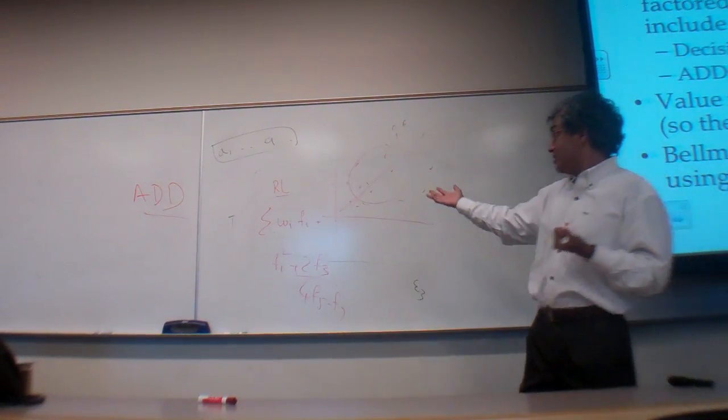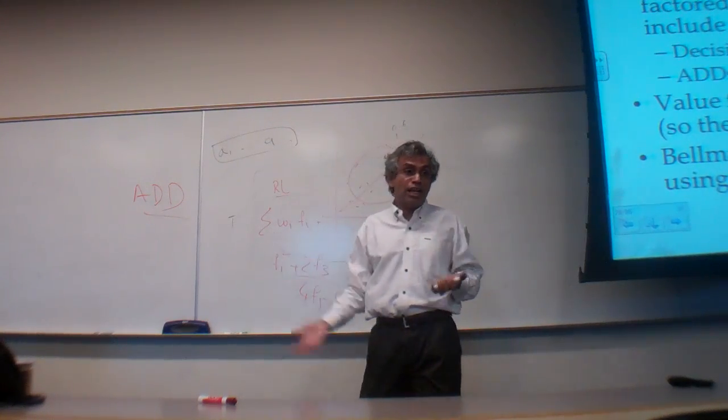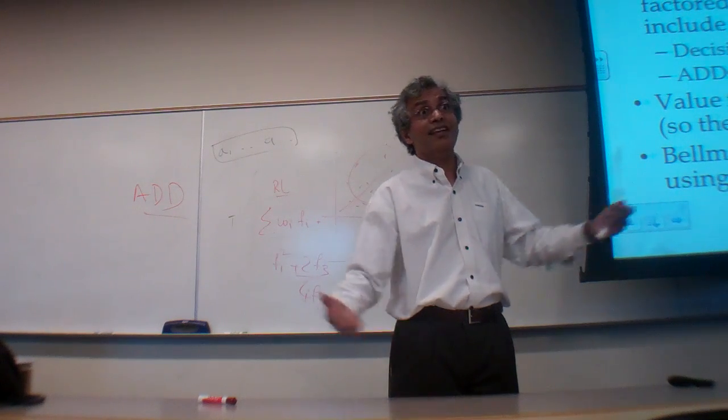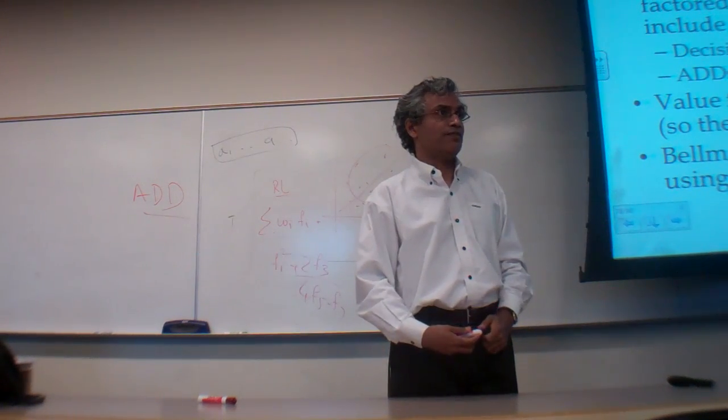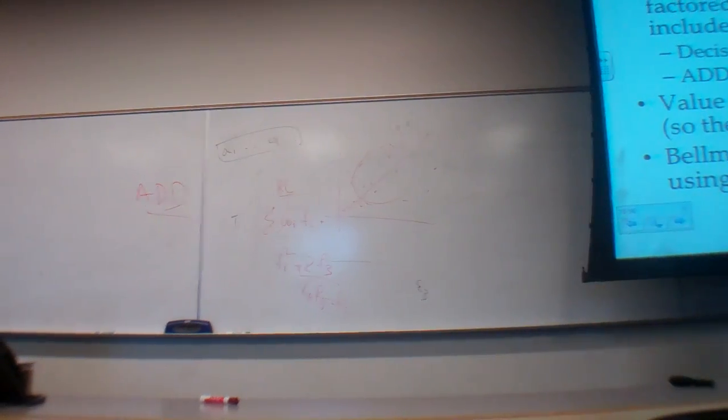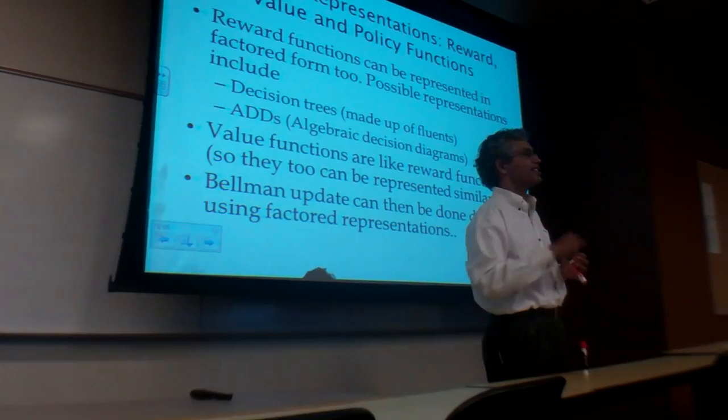If on the other hand you consider second order polynomials, then you will actually be able to catch the circle itself, but that will have a larger hypothesis space. ADDs are somewhat more general, at least for discrete variables, than just linear sums.